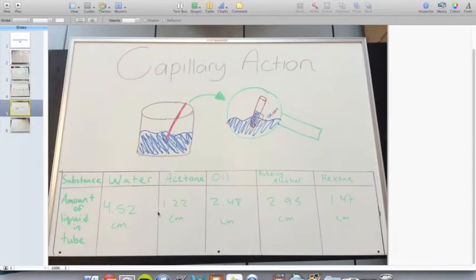Now, we measured this with a ruler in centimeters, and once again, water had the most liquid inside the tube, and that is due to water's polarity, because it is such a polar substance that the molecules bind together. And it's seen not so much in hexane, which is a non-polar molecule, so the intermolecular forces are not as strong as in water.